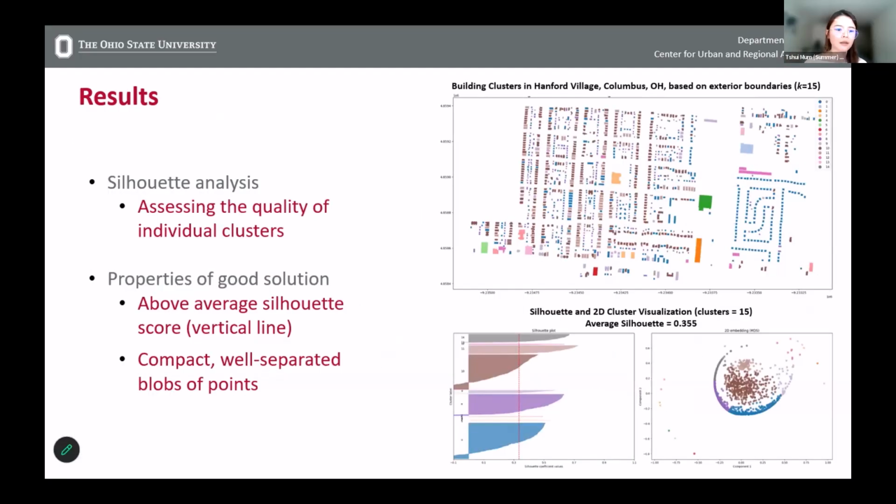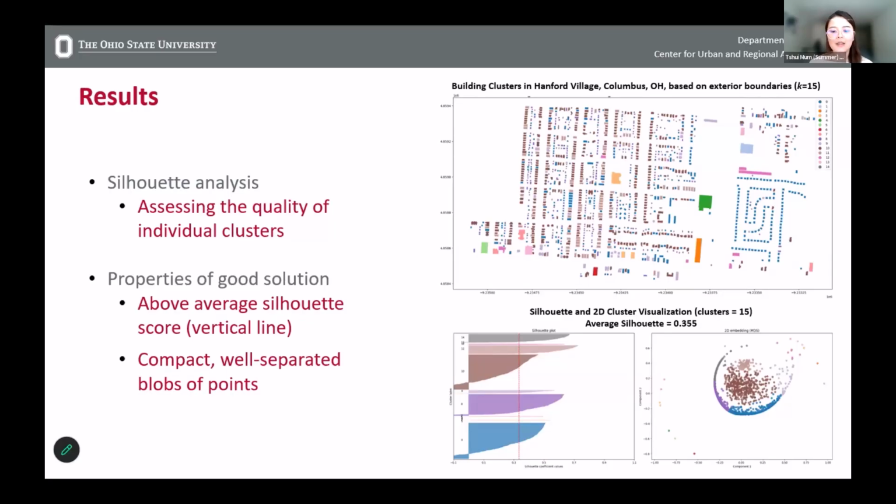So this is just to show how we actually use silhouette analysis to do internal validity, where we evaluate how well each point fits in its own cluster compared to the other clusters. The image on the top right shows the distribution of the buildings in their assigned clusters, as indicated in different colors. And on the bottom left, that's a silhouette plot.